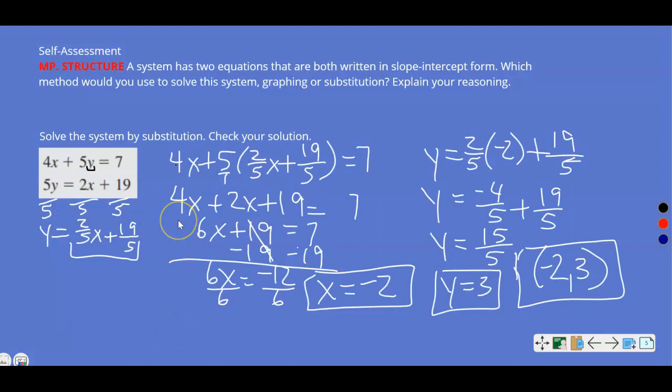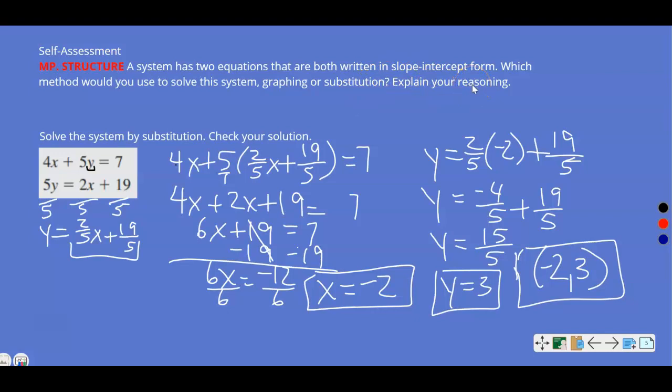All right, hopefully you take time to look at these and work them out on your own to see if you're understanding well. The first one says a system has two equations that are both written in slope-intercept form. Remember, slope-intercept form is y equals mx plus b. Which method would you use to solve the system, graphing or substitution? Explain your reasoning.